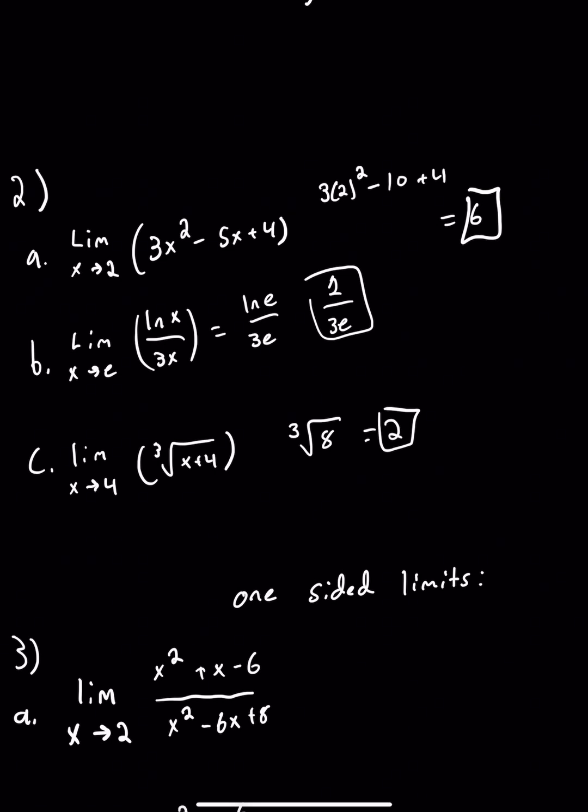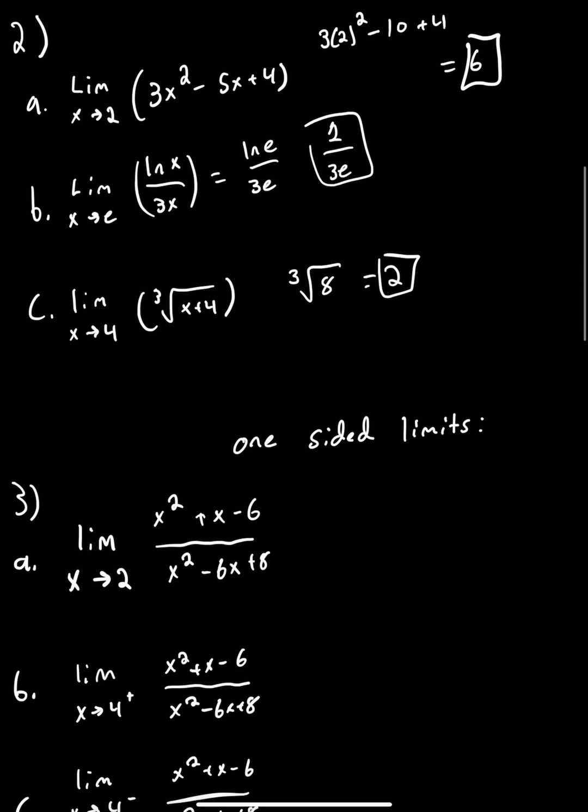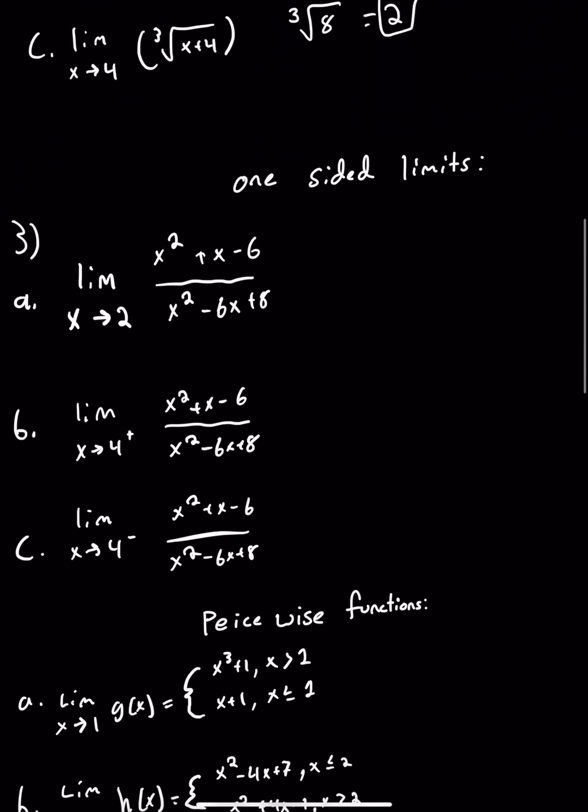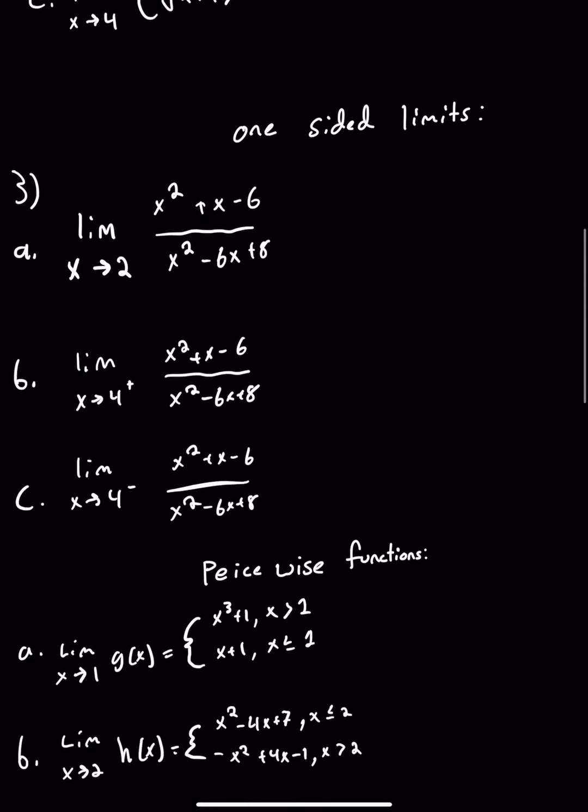Okay, so now we're going to go to a little bit more complex in the real limits. Here we get the idea of one-sided limits, which is when you see these plus and minus signs. The plus means when approaching from the right side, and the minus means when approaching from the left side. So let's go back to our y equals x graph at x equals 2.